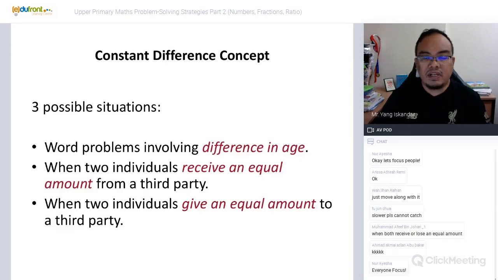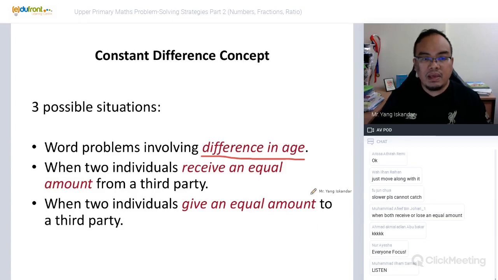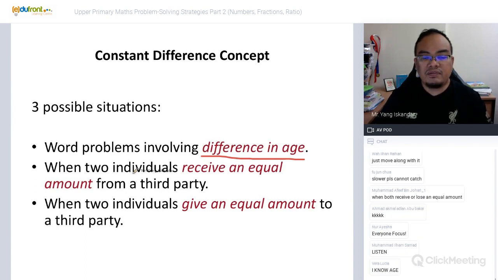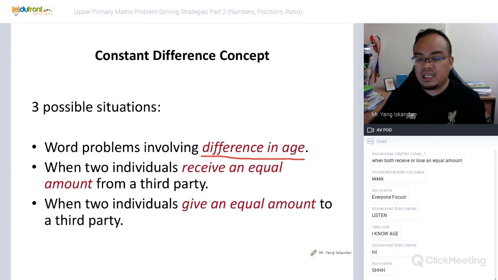Okay, so 3 different situations. Number 1, word problems involving difference in age. When you see any question involving age, one of the methods you can likely use is the constant difference method. So it applies when 2 individuals receive an equal amount from a third party, or when 2 individuals give an equal amount to a third party.